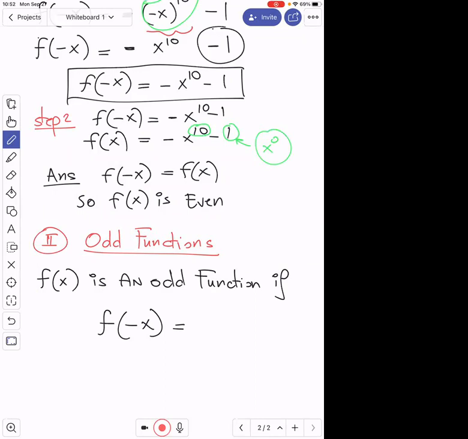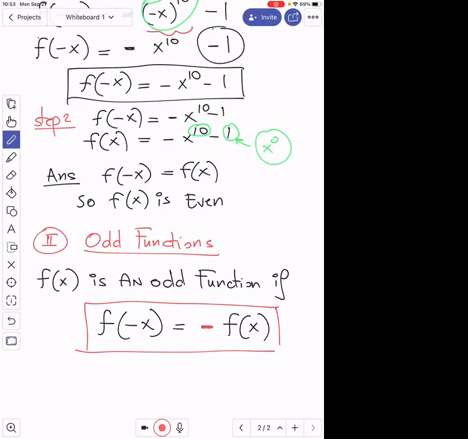Now for odd, f of minus x is going to be equal to minus f of x. So the difference with the even functions is this minus sign right here.